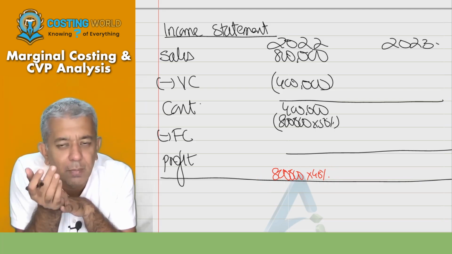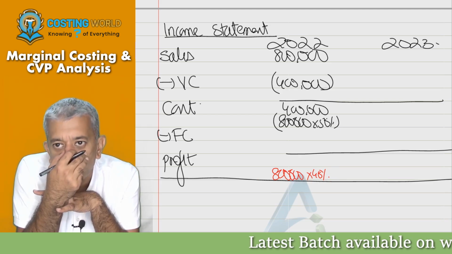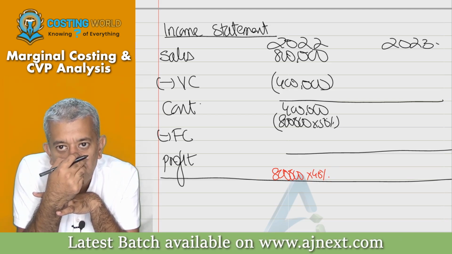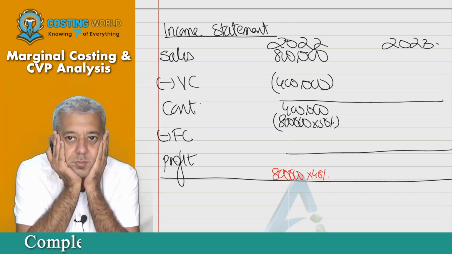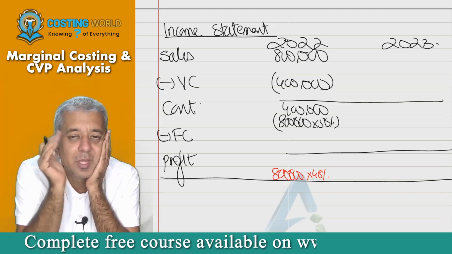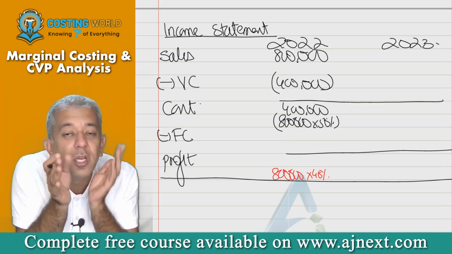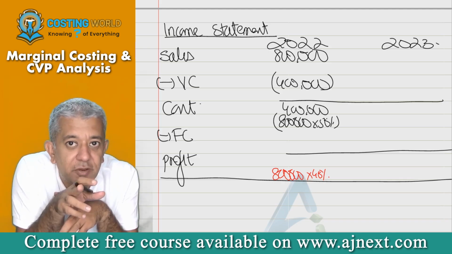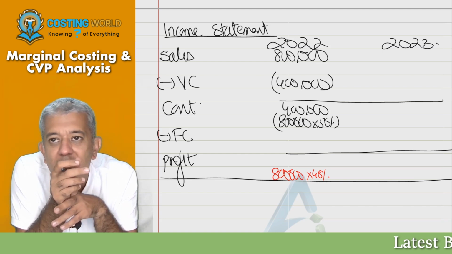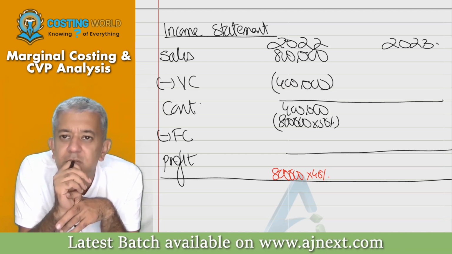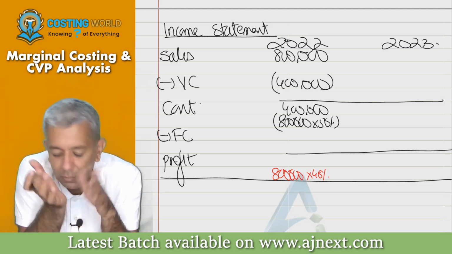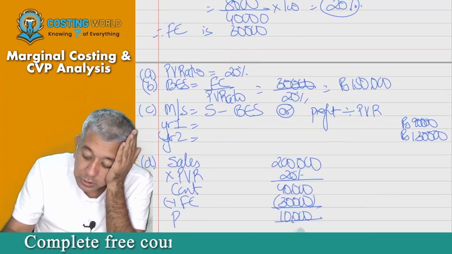But can somebody complete? It should be above break-even point. That is okay. Something more? Can we say contribution earned on margin of safety is equal to profit? No, beta. Margin of safety into PV ratio will give you profit.